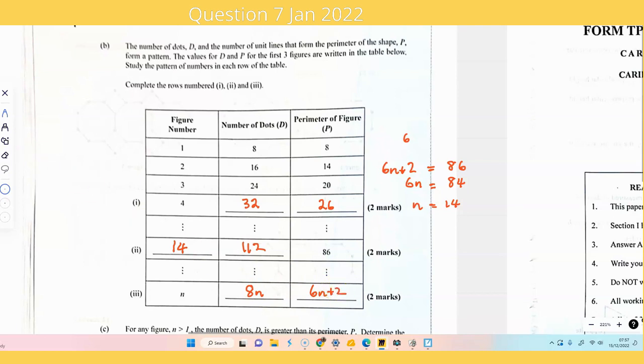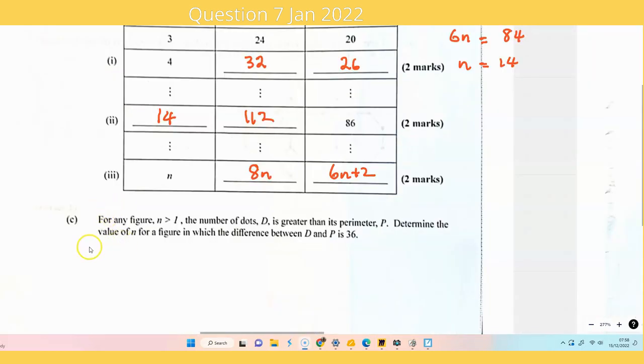Okay, let's look at part C. In part C, you're given that for any figure n greater than 1, the number of dots D is greater than the perimeter. That's the information given. It says determine the value of n of a figure for which the difference between D and P is 36.